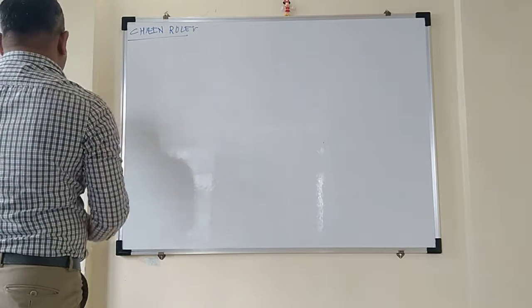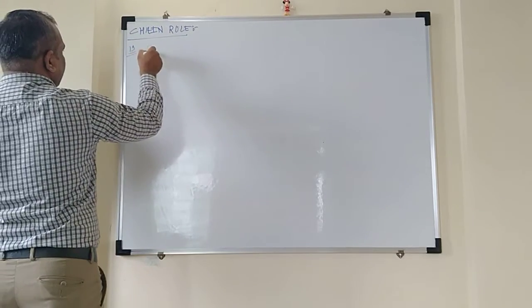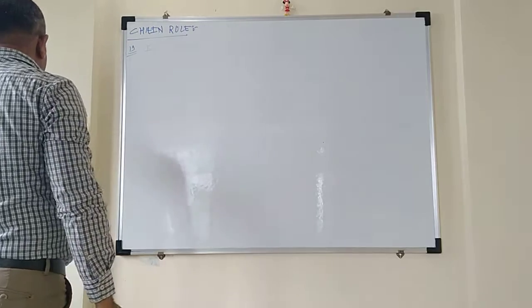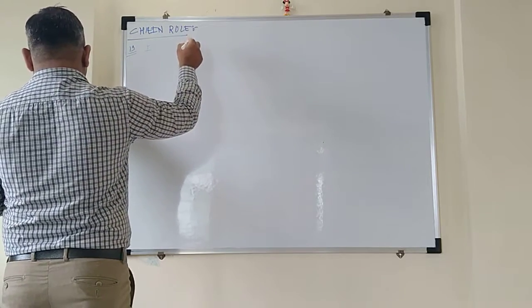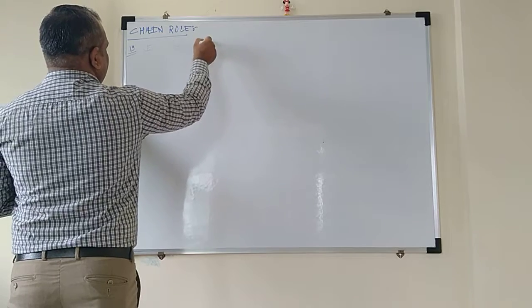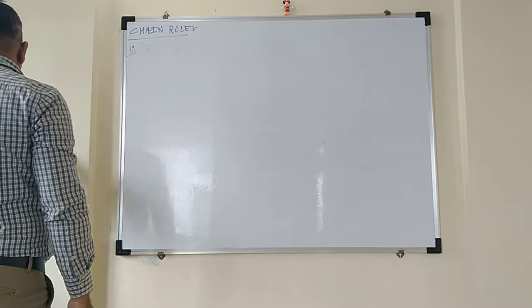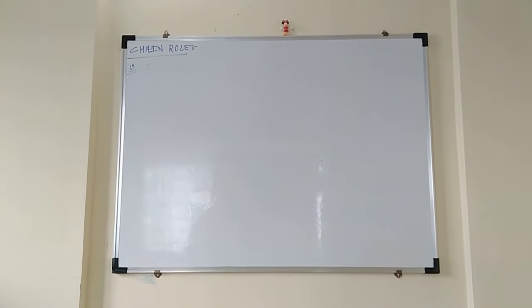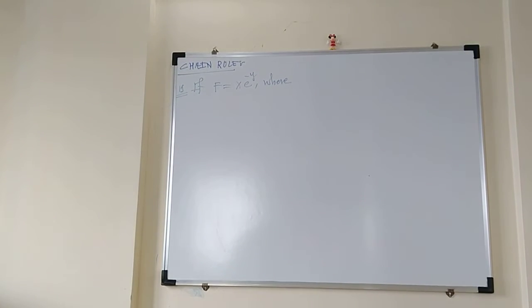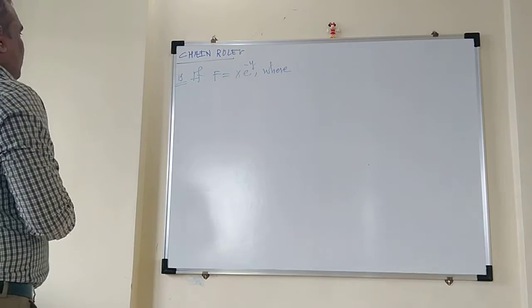Number 19 is, if f is a function of x e raised to minus y. What's the problem?